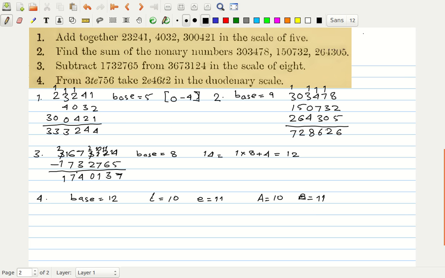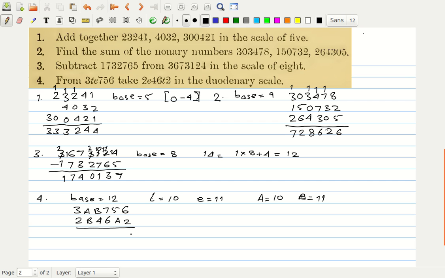So our first number is 3AB756, and we have to subtract 2B46A2.